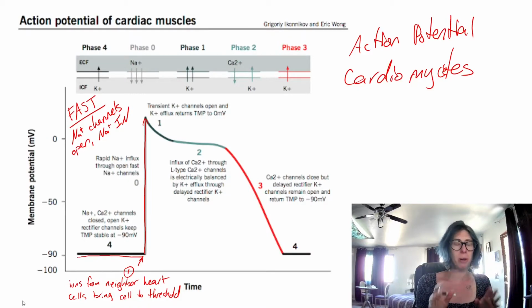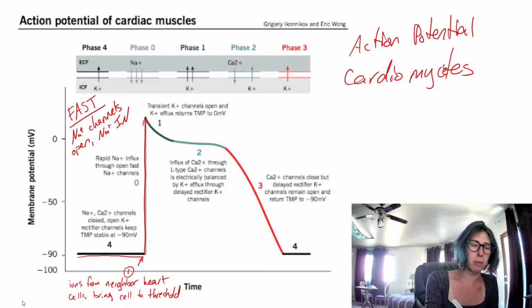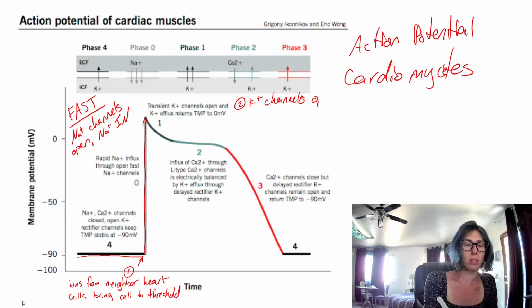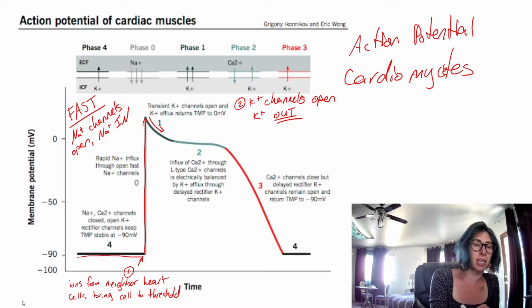All right, now this part is a little complicated. There's a couple things that are going on at the same time. So first thing that happens is that K+ channels open, and K+ moves out. That causes a decline here.